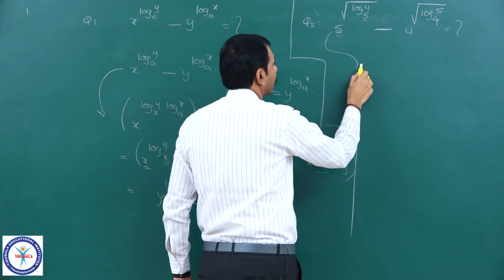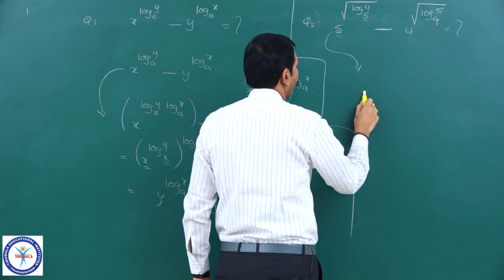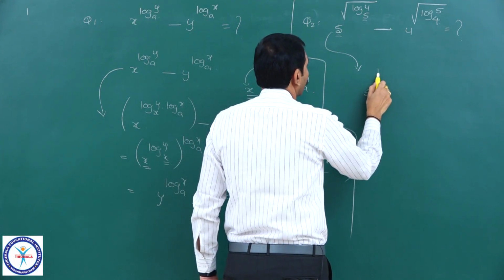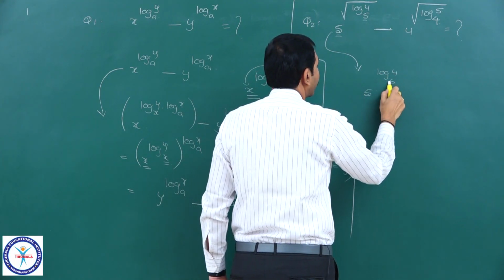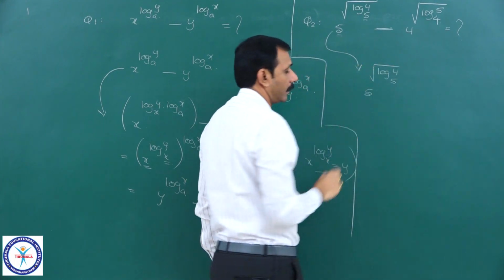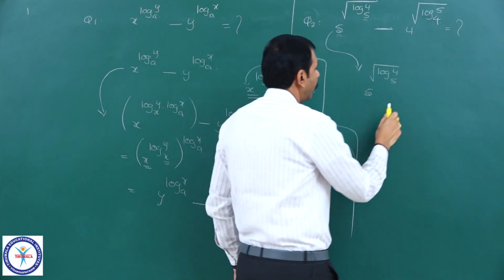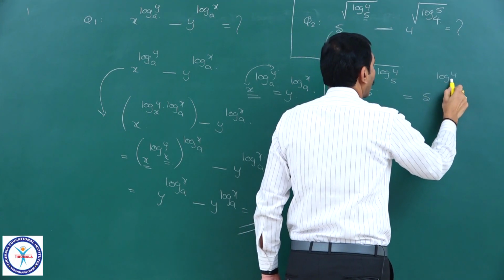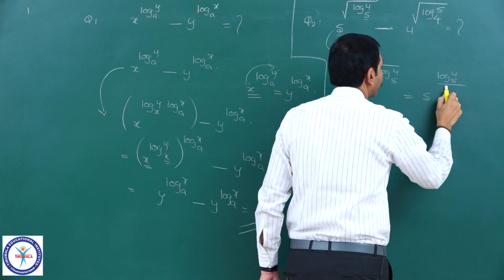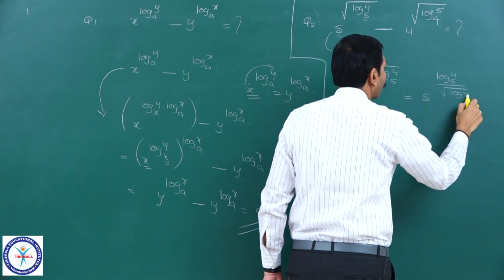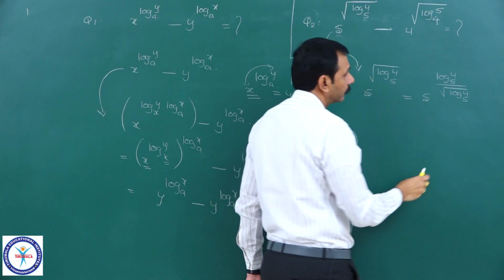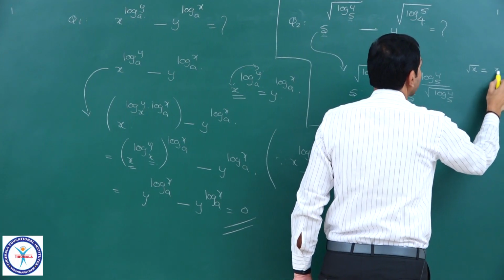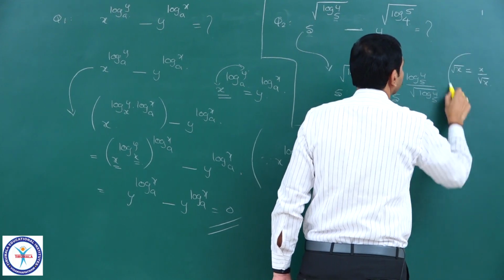I will take this term alone, 5 power root of log 4 to the base 5. It can be written as 5 power log 4 to the base 5 by root of log 4 to the base 5. Observe, root x can be written as x by root x.